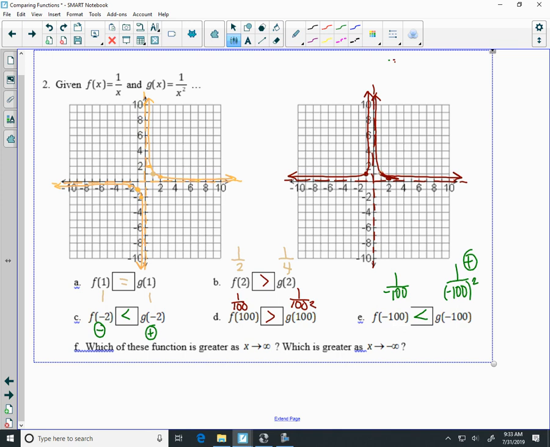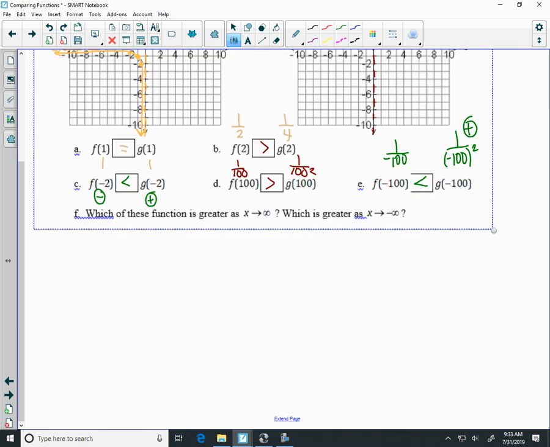So just talking about the general shapes of functions and the signs that go with the functions, this is the kind of work that you're going to be doing a lot in calculus, and that's why these parent functions are so important. As x approaches positive infinity, we said f of x is going to be greater than g of x, because g of x, again, those fractions are getting smaller faster.